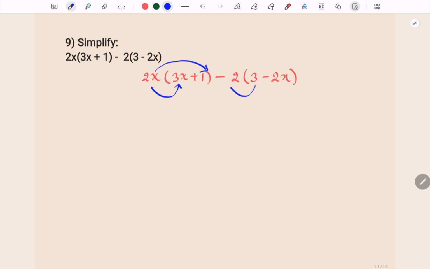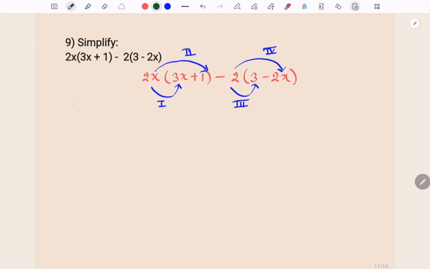Minus 2 will be multiplied by 3. And minus 2 will also be multiplied by minus 2x. Let's call this the first multiplication. This is the second one. This is the third multiplication, and this one would be the fourth multiplication.